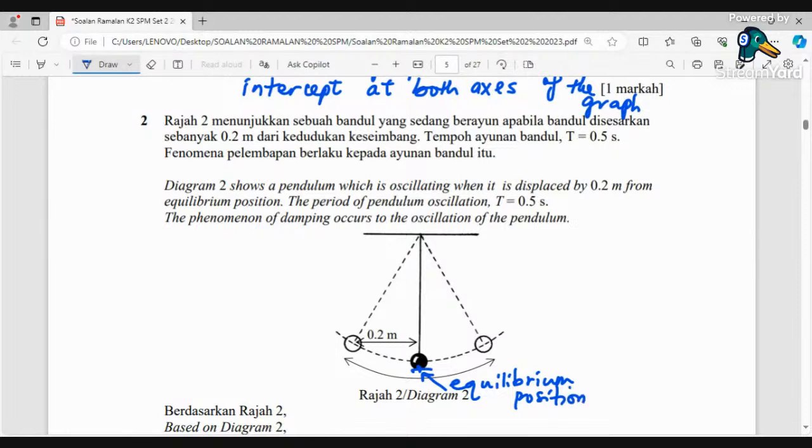That is called equilibrium. Displace means this. 0.2 meter from equilibrium position. Period of oscillation 0.5. Phenomenon of damping. Damping, remember what it means: decrease in amplitude with time due to energy loss.